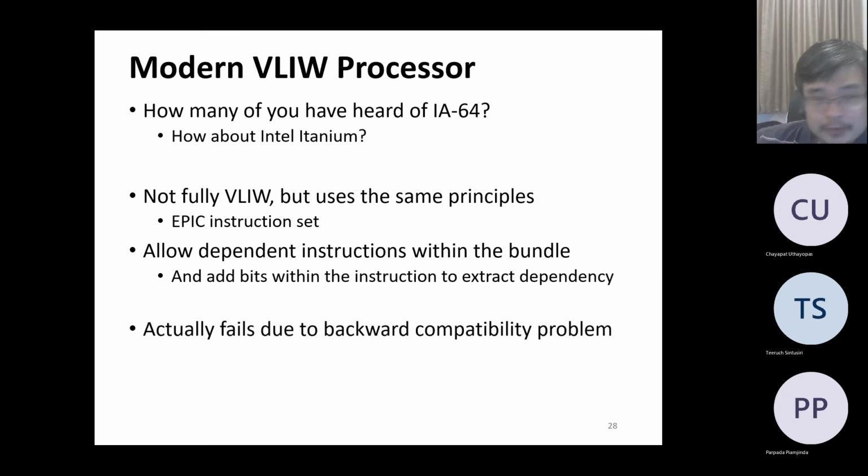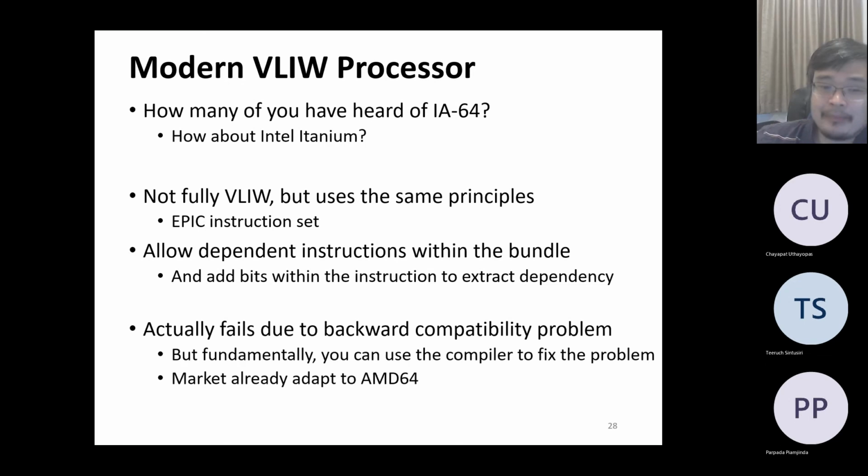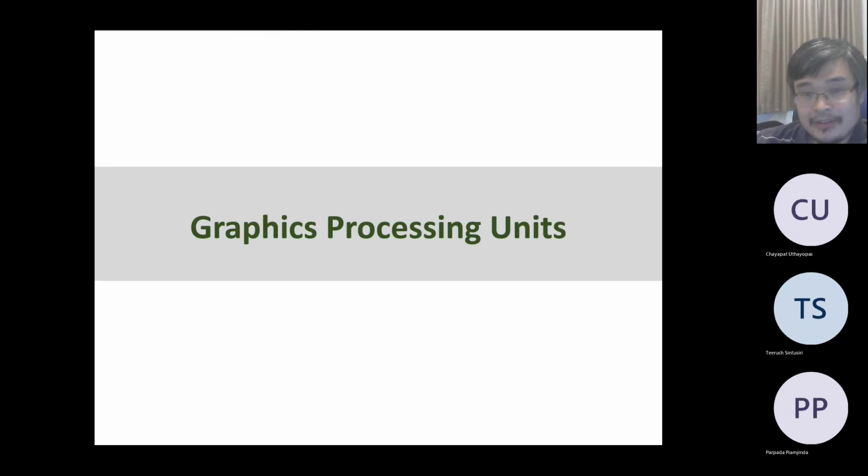It did fail due to a backward compatibility problem, right? The market had already adapted to AMD64, but fundamentally you can use the compiler to fix this problem. So that's kind of the story behind VLIW, which also got followed up into IA64. But if you look at something that looks similar, this guy looks almost like VLIW.